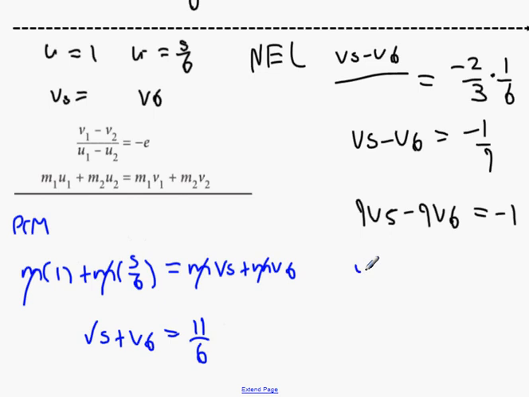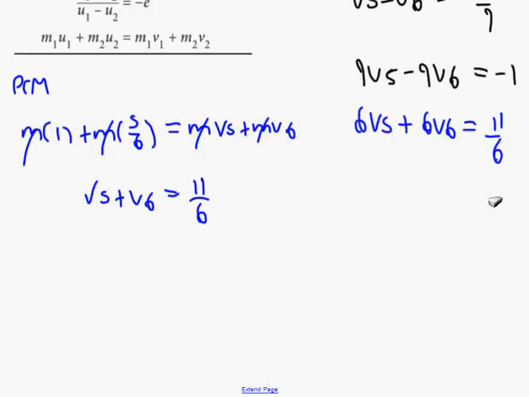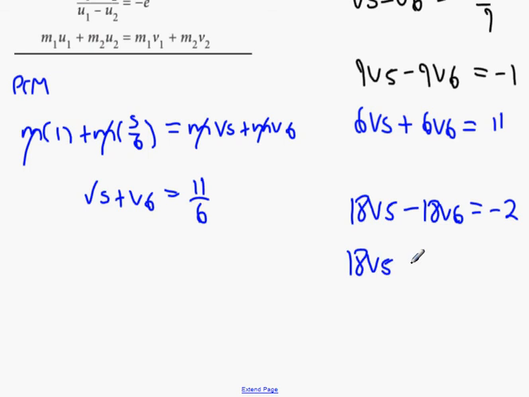Cross multiply 6V5 plus 6V6 ends up to be 11. Now they're not exactly the nicest numbers that have ever existed, but sorry? Just 11? Yeah, sorry. Multiply the top one by 2 and the bottom one by 3. 18V5 minus 18V6 ends up to be minus 2. 18V5 plus 18V6 ends up to be 33.